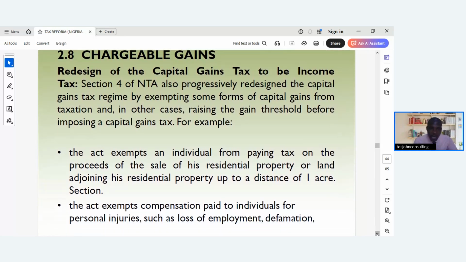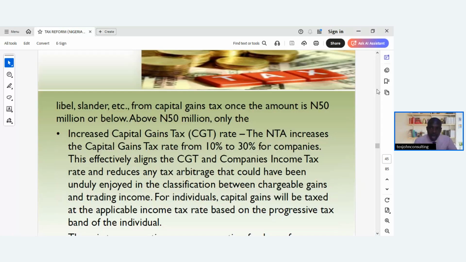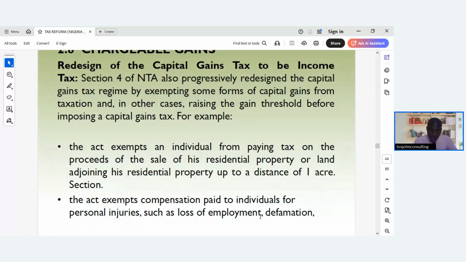So the Act exempts compensation paid to individual for personal injuries such as loss of employment, defamation, up to 50. This is up to 50 million, right? If you lost your employment and you are being compensated, you are exempted from tax. So we brought you this under the 50 exemption under NTA.